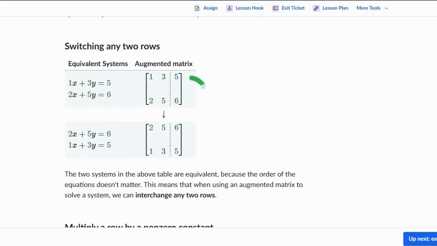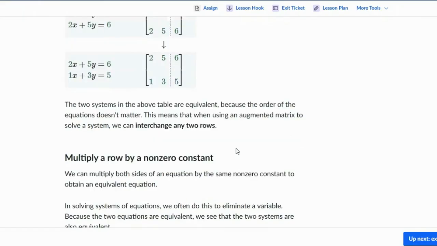That's why it's legal to do the same thing with the matrix. We could just swap row 1 and row 2 because we rewrote our system of equations. It's still equivalent. It's still the same set of equations. It doesn't matter which one's first. So that's why we're allowed to do that.